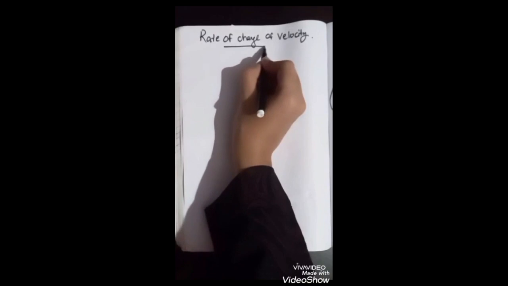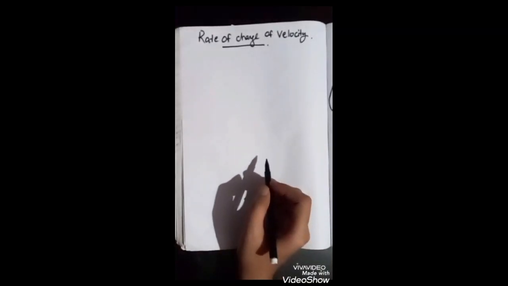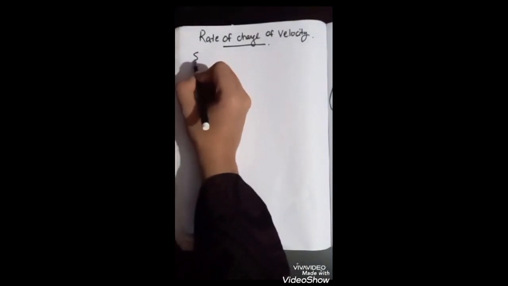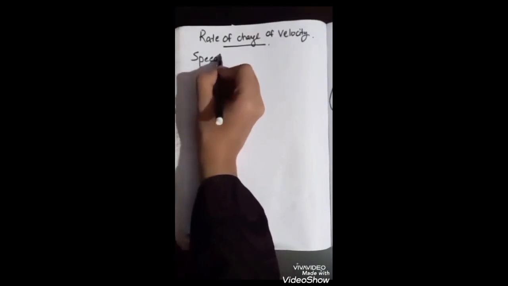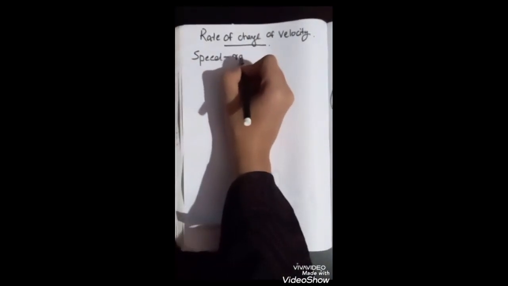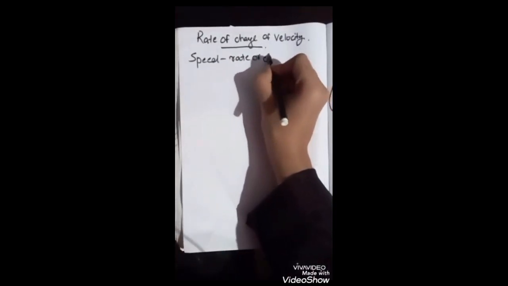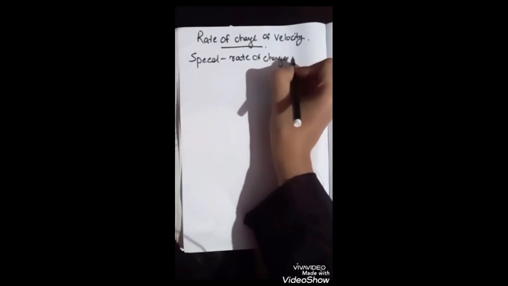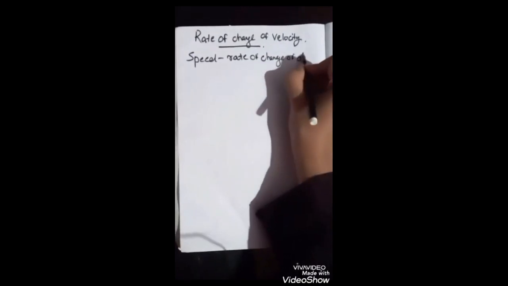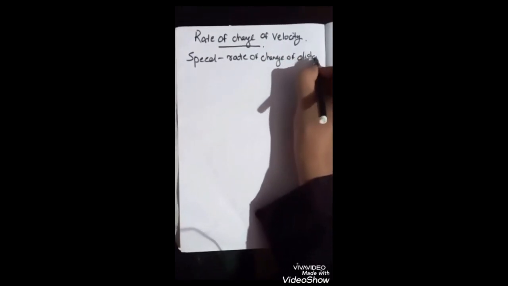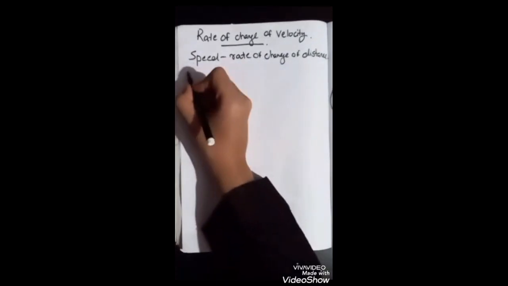Rate of change of velocity. We studied what speed is. What do you mean by speed? Speed is the rate of change of distance. And what is velocity?